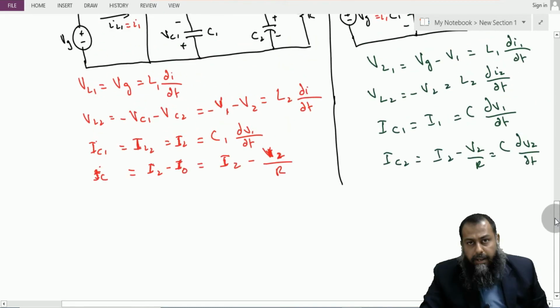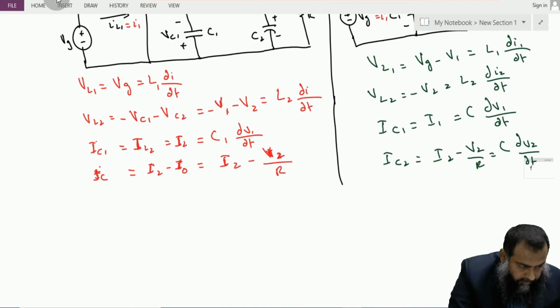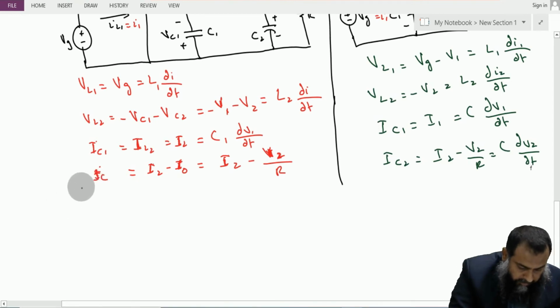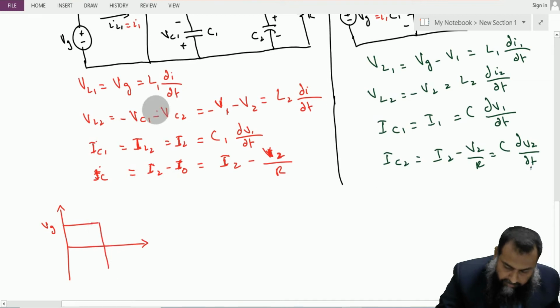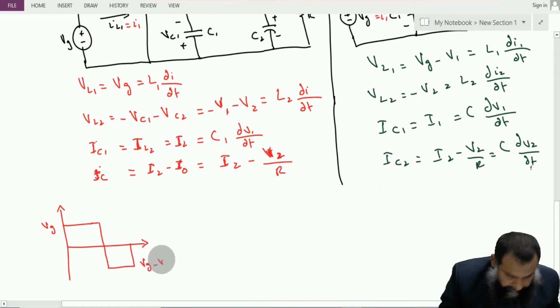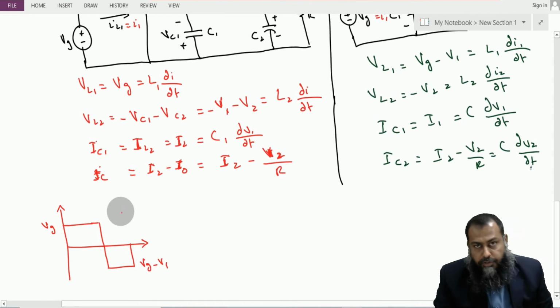Next, we will apply the volt-second balance on these equations to find out what is the transfer function of this given circuit. For switch position number 1, this is Vg, and during the time the switch is at position number 1, VL1 becomes equal to Vg. During the time we turn the switch to position number 2, VL1 becomes Vg minus V1.